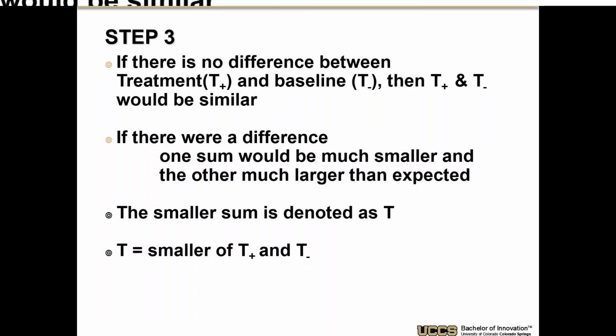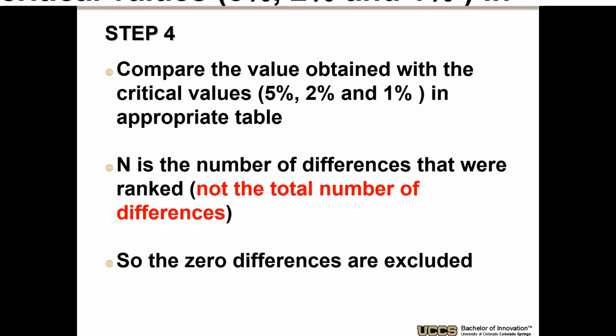If there's a difference, one sum would be much smaller and the other much larger, and then there's an underlying statistic that lets us say, okay, how important is that difference? So we look at the smaller sum and call that T, and then we can do a comparison. We can obtain the critical values by looking at the table for 5%, 2%, 1%, assuming I have enough data. And then I can put all those together.